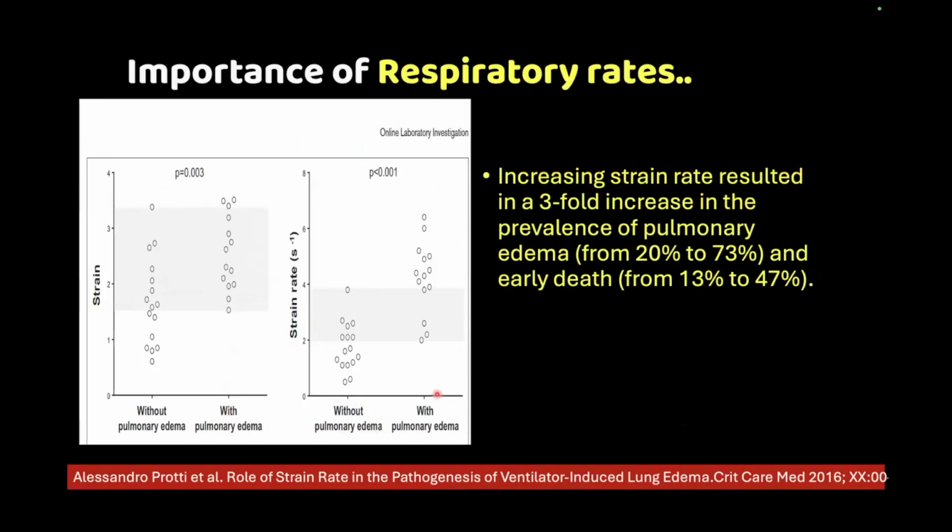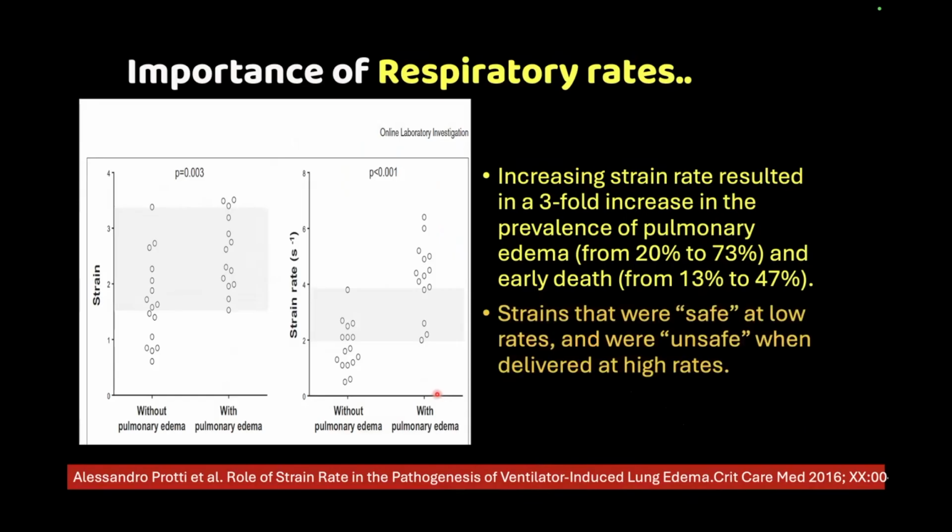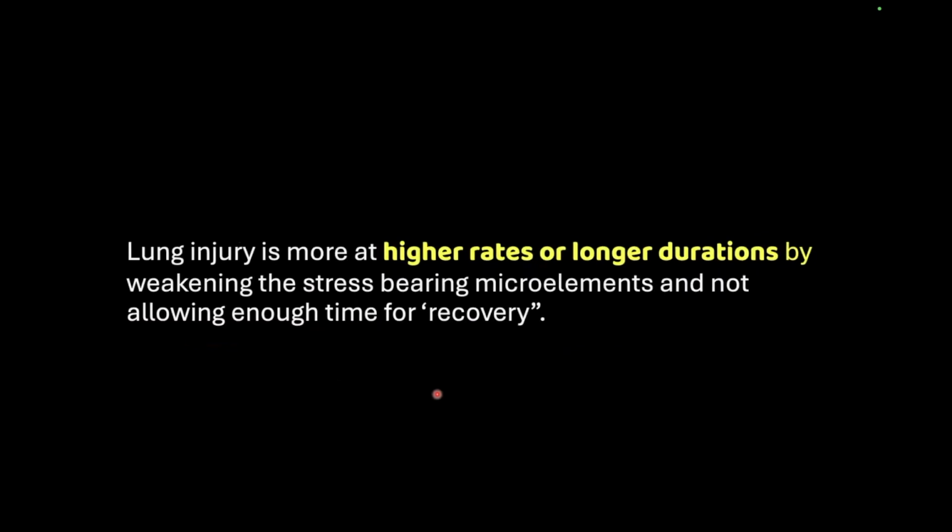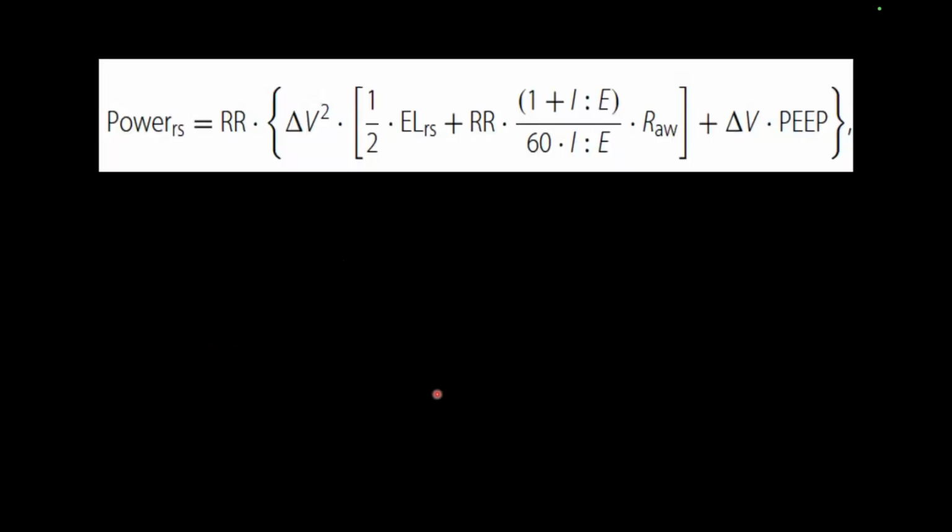And this is another study by Protti et al., where they showed that increasing strain rate resulted in a threefold increase in the prevalence of pulmonary edema. So it is not just the strain; even the strain which is considered safe at low rates was harmful when applied at higher respiratory rates. So this means that lung injury is more at higher rates and longer duration.